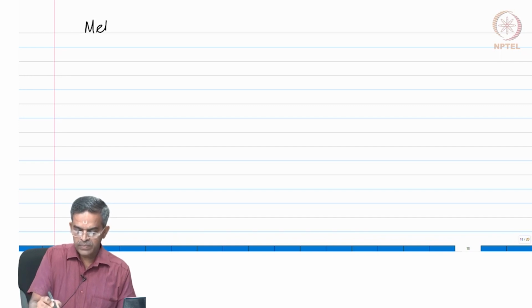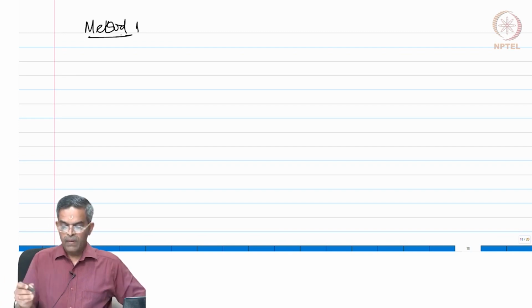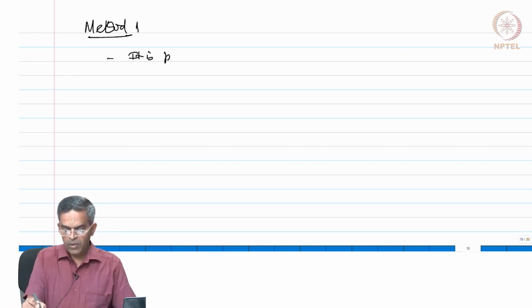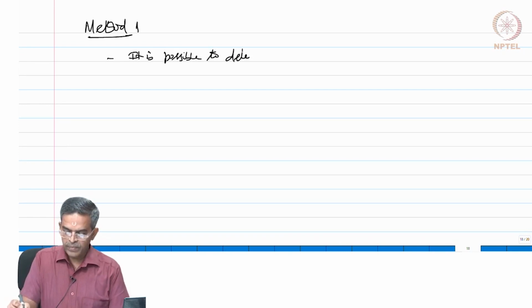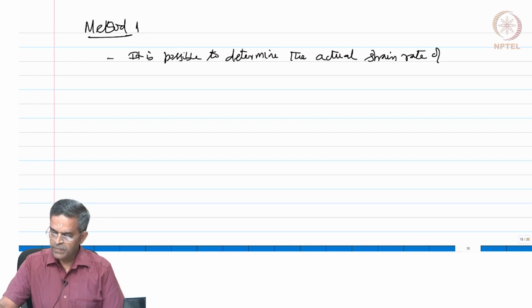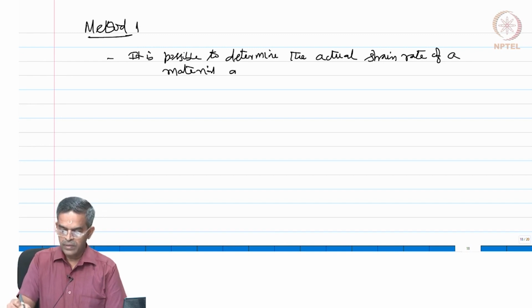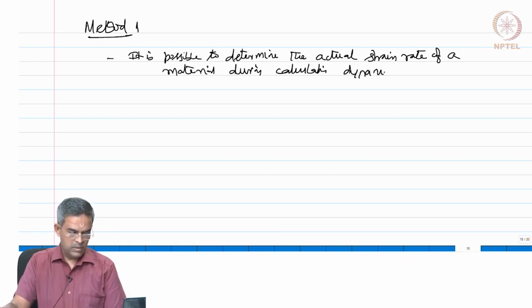Let us say method 1. What we do is, we know that it is possible to determine the actual strain rate of a material during calculation of dynamic response.